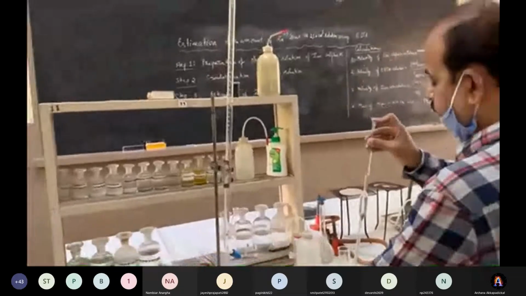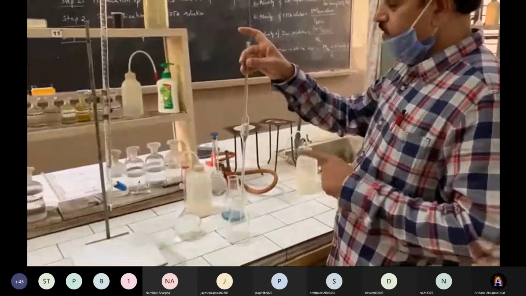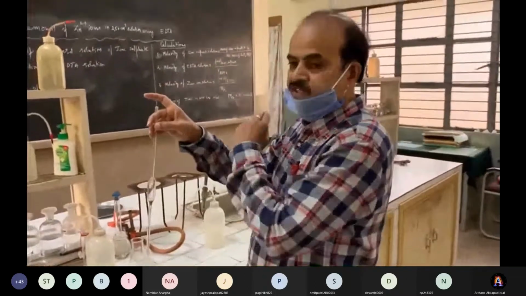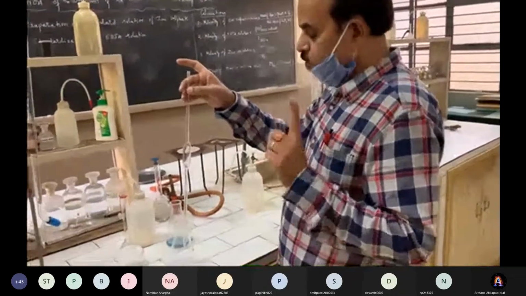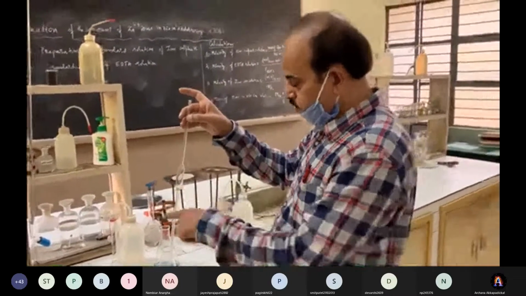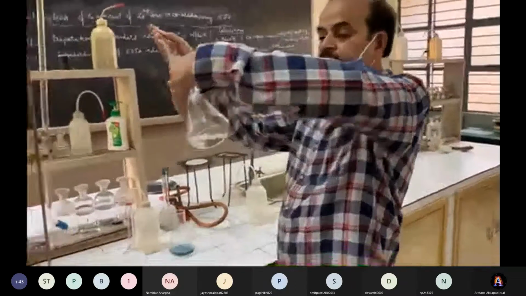And remember, I have used a different pipette which I have not used in the first part. Okay, the pipette I use in the second part should be different from the first one. Otherwise, if I am using the same pipette, I need to clean it thoroughly, then rinse it with distilled water, rinse it with the same zinc sulfate solution, and then use it for pipetting.